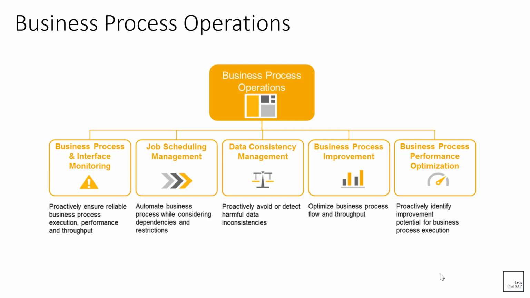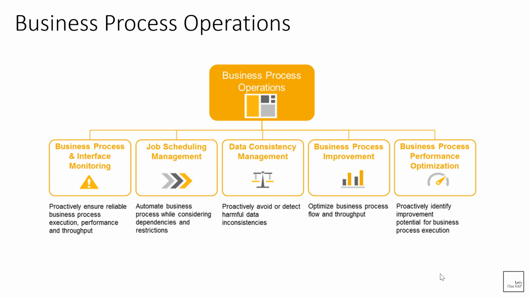The next one is job scheduling management. Before talking about job scheduling, I must talk about background jobs. Otherwise, this tool or this information won't make sense. So a background job is a set of operations that happens automatically in the background of an SAP system without interfering with the front-end normal operations.